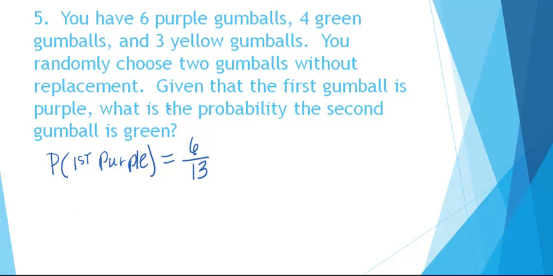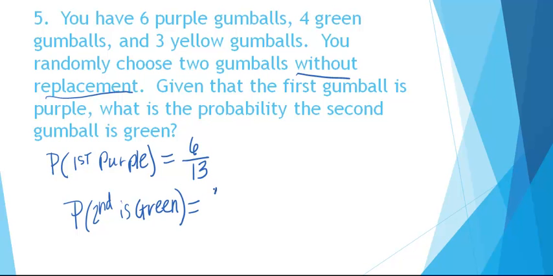And then they're asking us what is the probability the second one is green. They don't replace it, it's without replacement. So they take that one purple one out, and so they want to know the second is green. And we know that there are 4 green, and then there are only 12 left. So this would be 1/3 the probability.